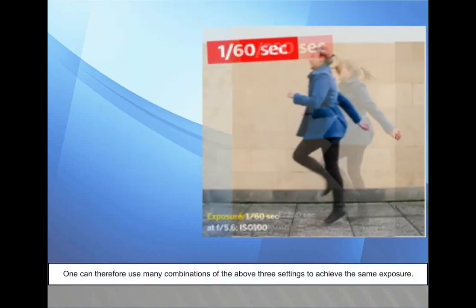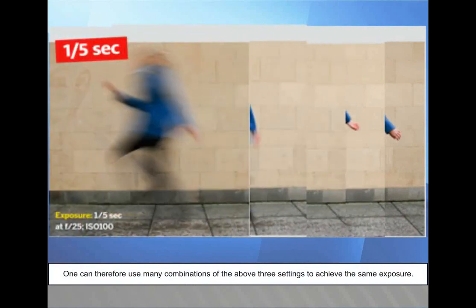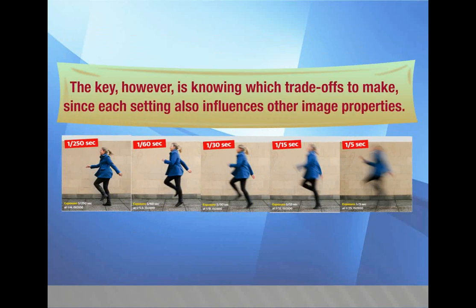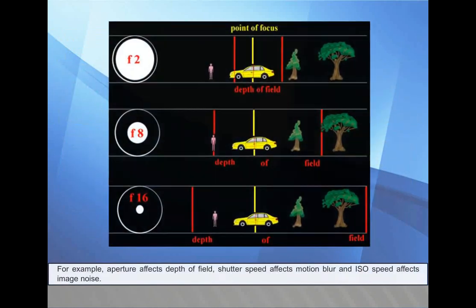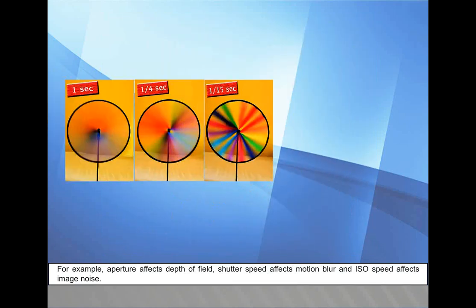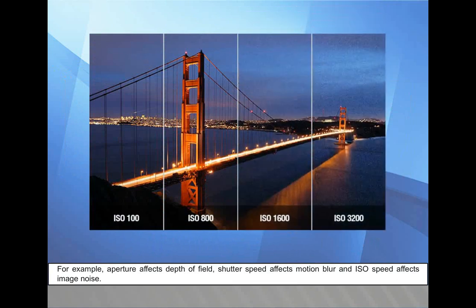One can therefore use many combinations of the above three settings to achieve the same exposure. The key, however, is knowing which trade-offs to make, since each setting also influences other image properties. For example, aperture affects depth of field, shutter speed affects motion blur, and ISO speed affects image noise.